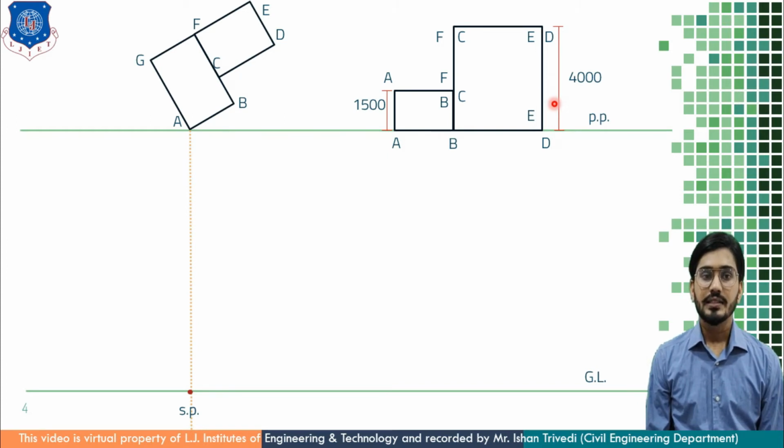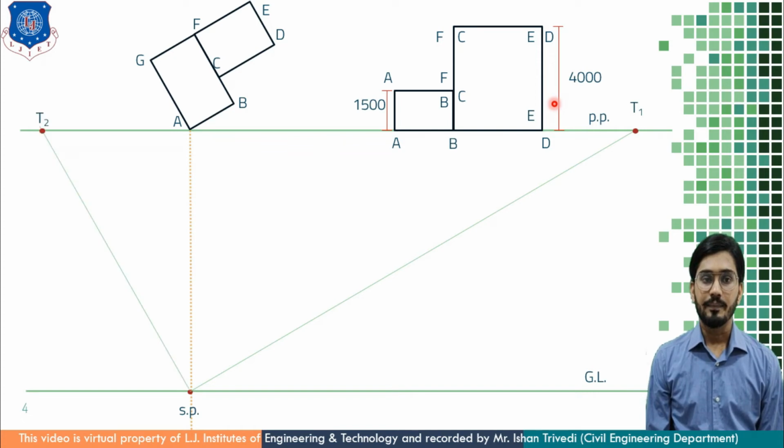Now, from faces AB and CD, I'll draw the same parallel line, which passes from SP to PP and meets the line at the picture plane, and that point is the T1 point.